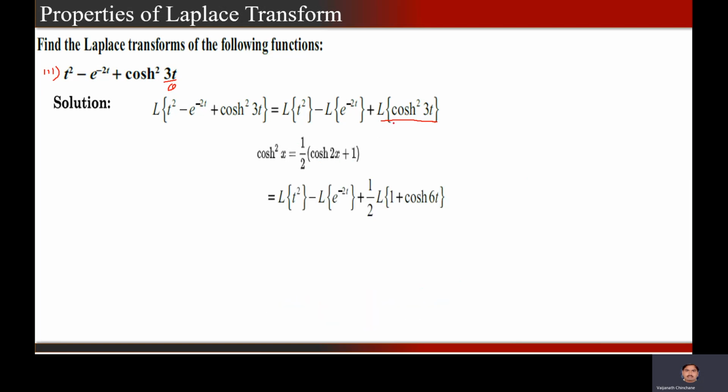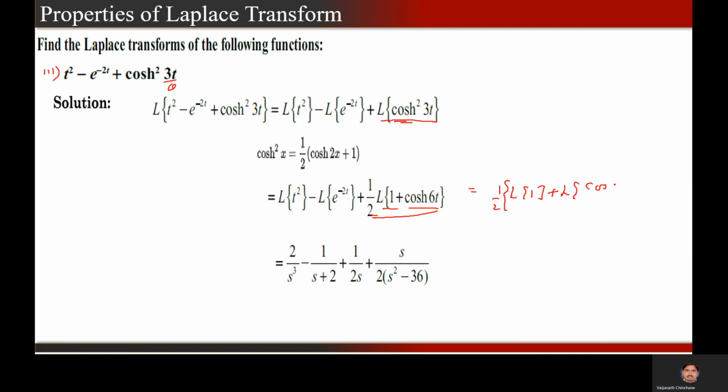So use this formula. Here we get this one, and after that we take Laplace of 1 and Laplace of this, so for this term we write 1 by 2 into Laplace of 1 plus Laplace of cos hyperbolic 6t.